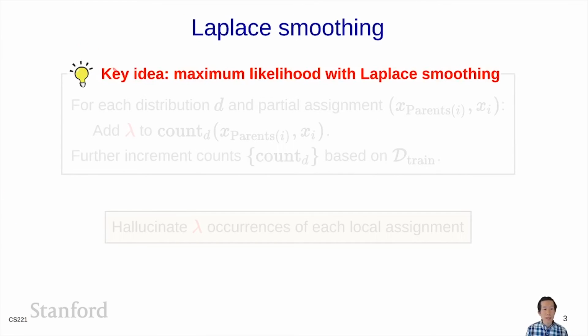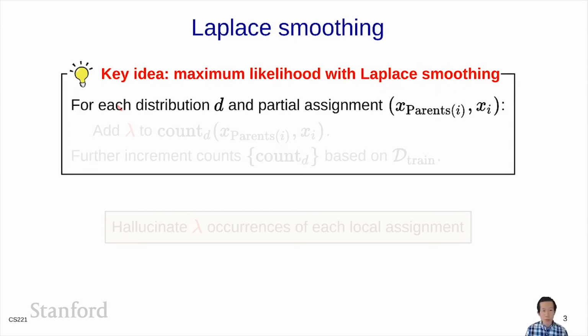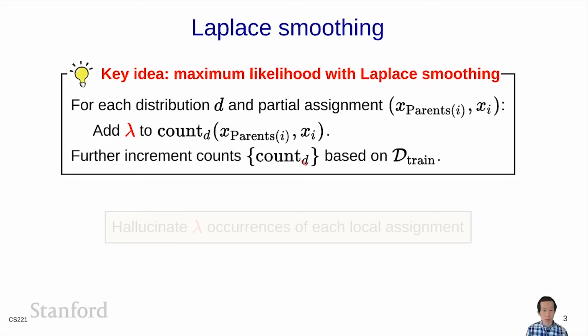So the key idea behind maximum likelihood with Laplace smoothing is as follows. We're going to go through each distribution and partial assignment to the parents of a node and the node itself, and we're simply going to add lambda to the count. Now we do maximum likelihood estimation as usual. So we're going to go through the training data and increment those counts based on what we saw.